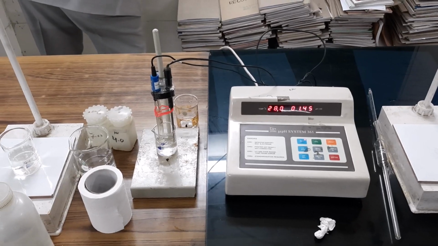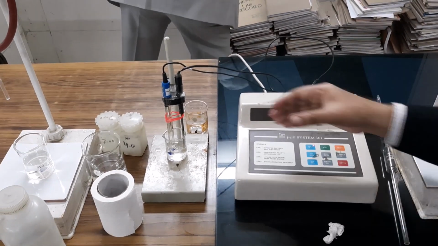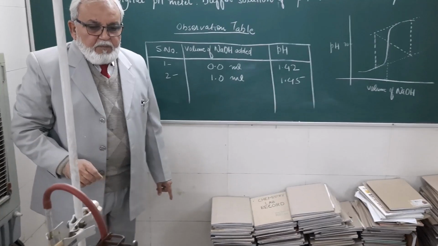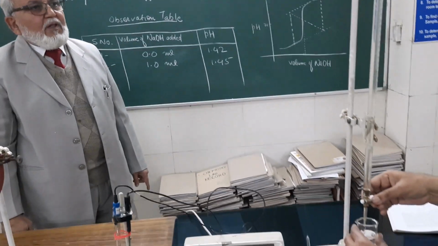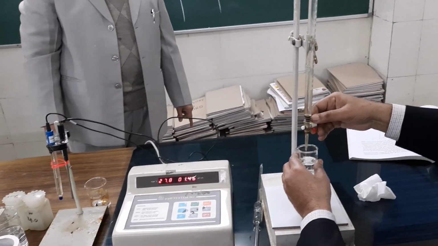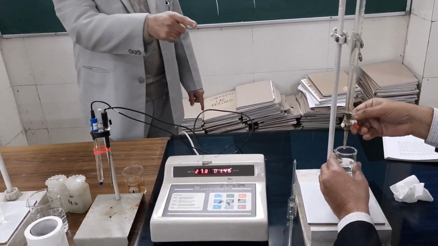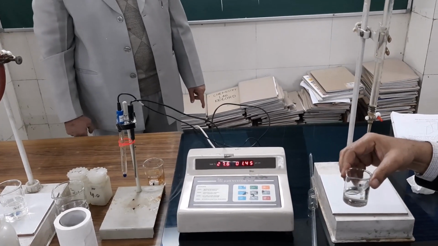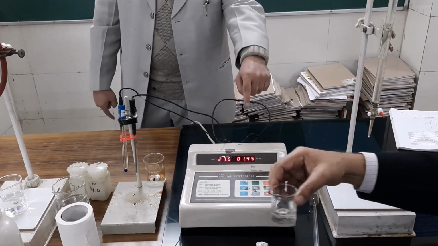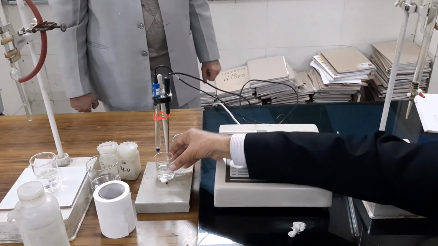Now add 4 ml of NaOH from the burette into this solution. Shake and again read the pH of this solution on the pH meter.